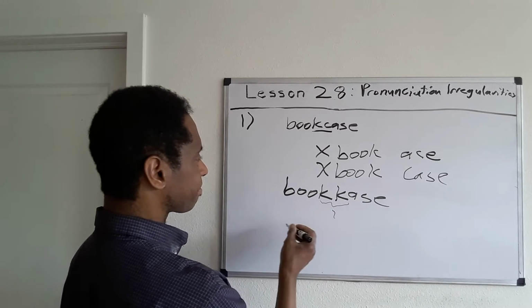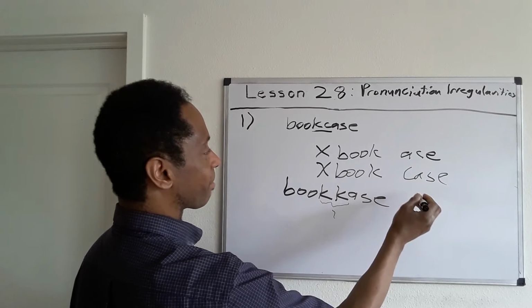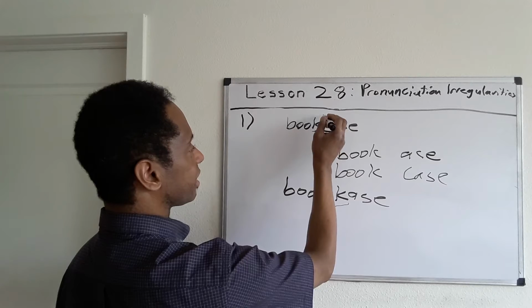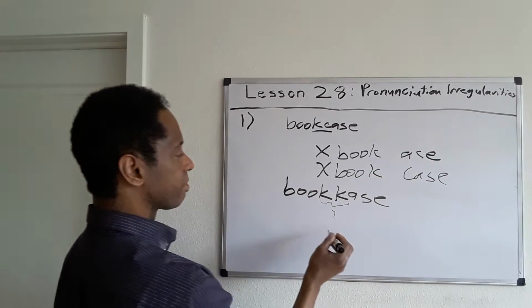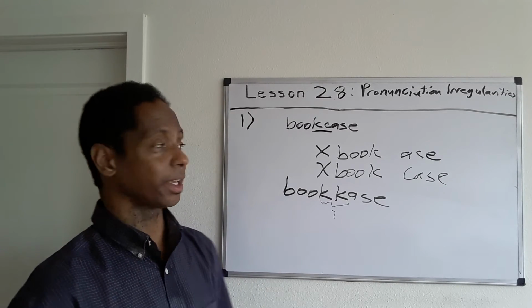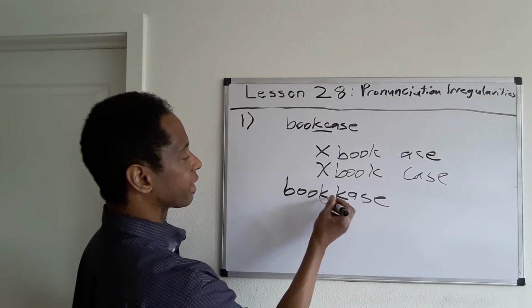And so it's not totally one sound and it's not totally separate. You don't get rid of the second one and say it's just one sound, and you don't totally separate them. It's a little weird. Just remember that, bookcase. That's how we do it, okay? So say bookcase.